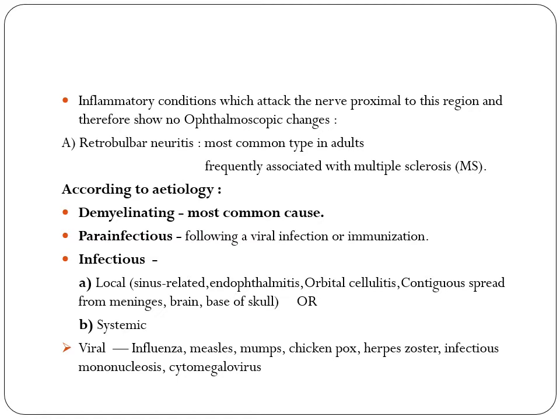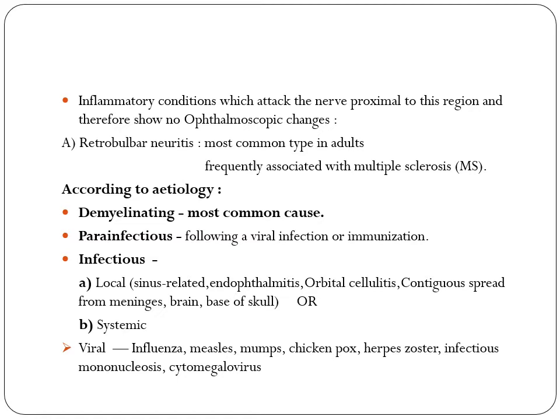Now, what are the infectious diseases? Local infectious diseases include sinusitis, common especially in the pediatric age group, leading to optic neuritis. Then there is endophthalmitis, an ocular disease causing optic neuritis. Orbital cellulitis, an orbital disease, can cause optic neuritis.